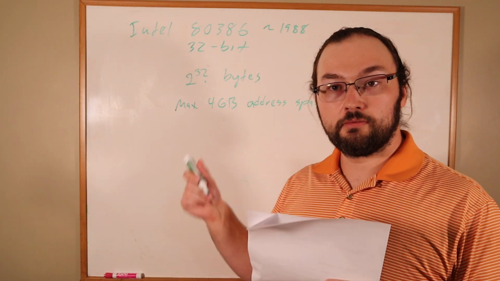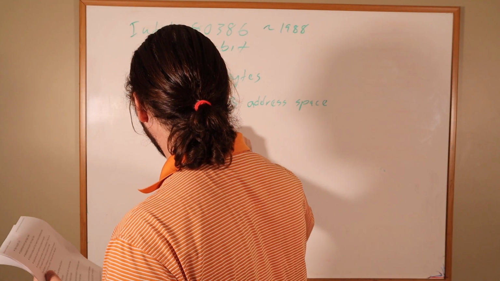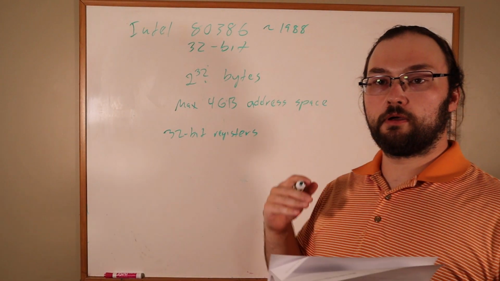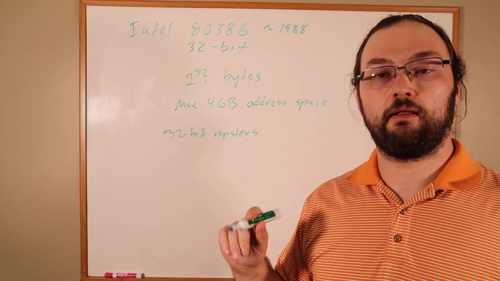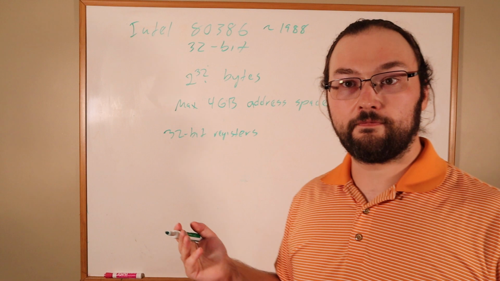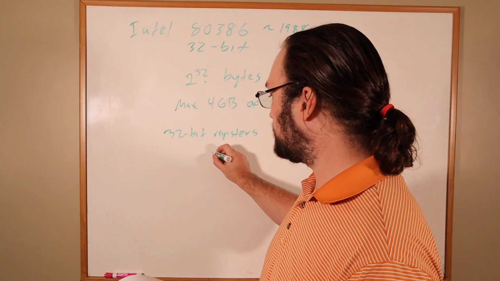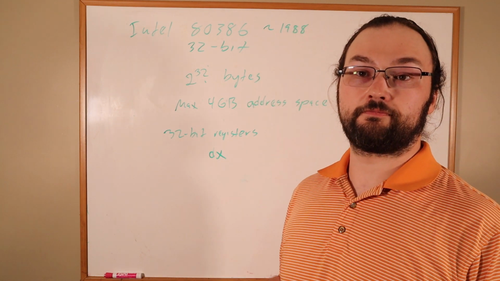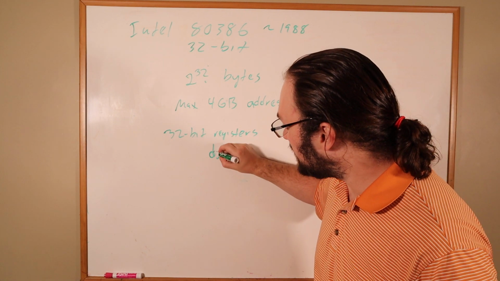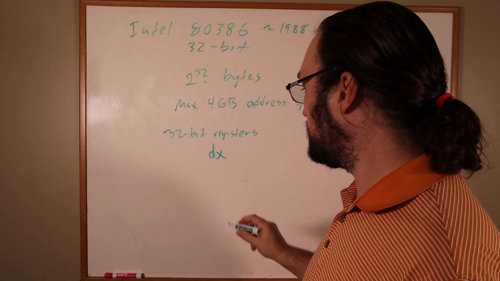Now, in order to make this work, we had 32-bit registers. But Intel wanted to make it so that assembly code for the Intel 8086 would be able to run largely unmodified on this machine. And so we had 16-bit registers like DX, and the way the 386 was designed is they added new names for the registers.